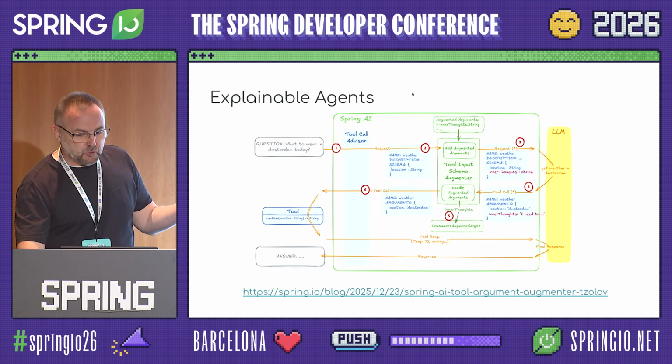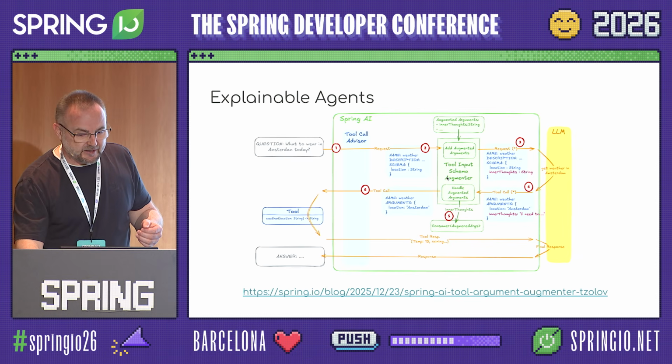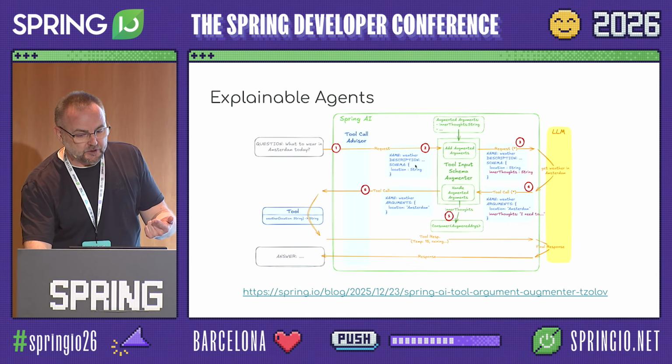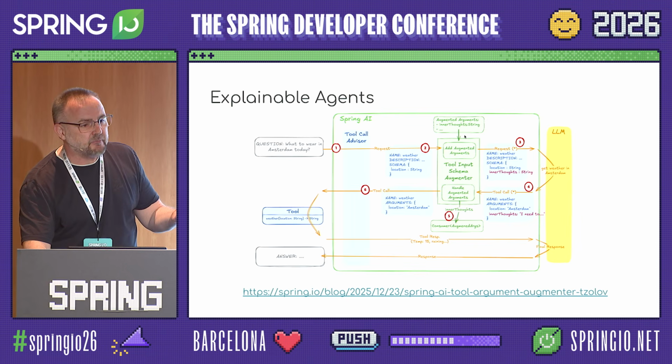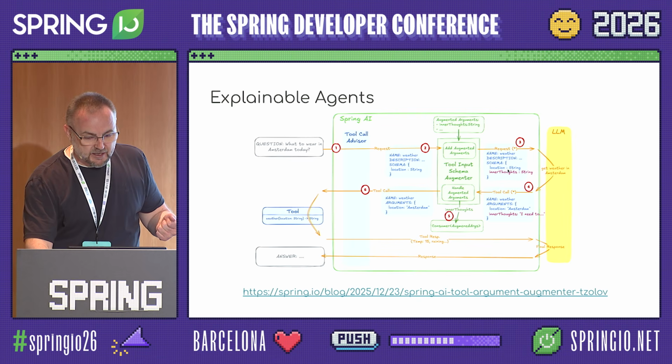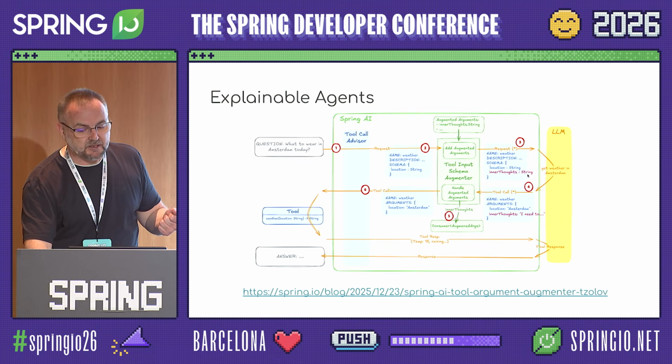So what we did on our side, in this particular technique, is to augment. You can provide a very simple proxy implementation that augments the tool request, and you can register a random number of additional parameters on the way to the LLM. So that, for example, in this case, you can add this inner thoughts parameter, and for the LLM, this tool call would look like a valid tool call with all this description.